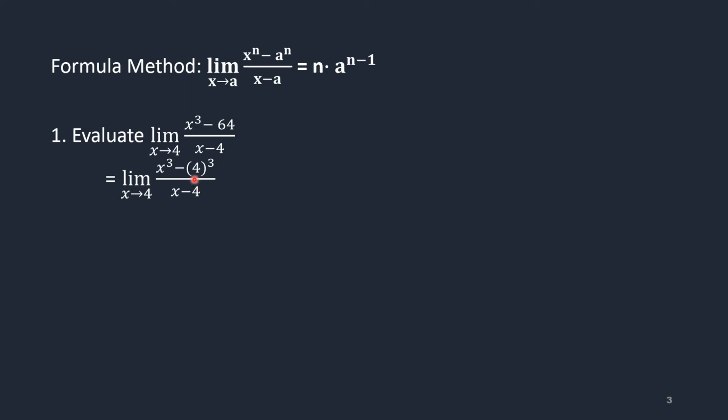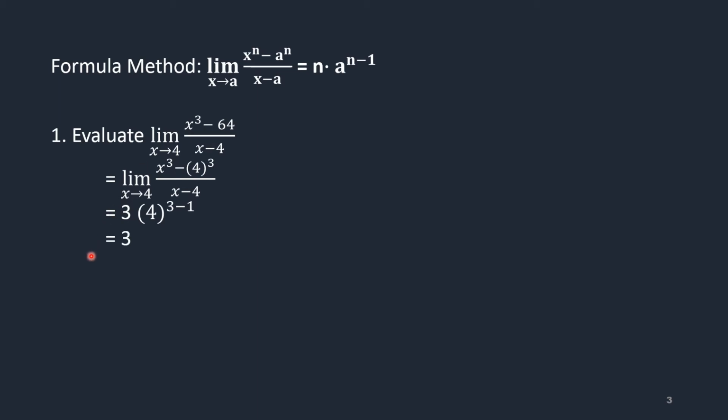We have written 4 cubed in place of 64 here because this limit goes into this form. Now we can apply the formula and write the limit as 3 times 4 to the power 3 minus 1, where 3 is n, 4 is a, and 3 minus 1 is n minus 1.